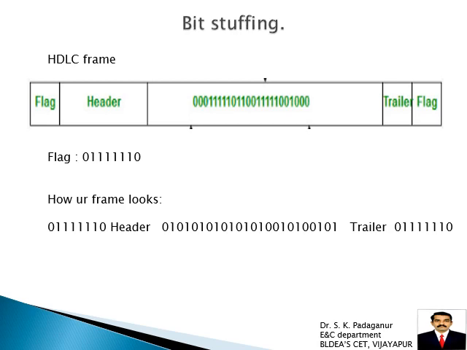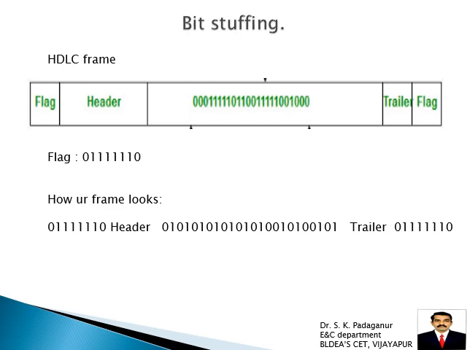So flag, then header, then this is the data we are going to transmit, and this is the trailer part, and this is the flag. The header has the addresses of both source and destination and some control information. The trailer is used to detect and correct the errors in the transmission.